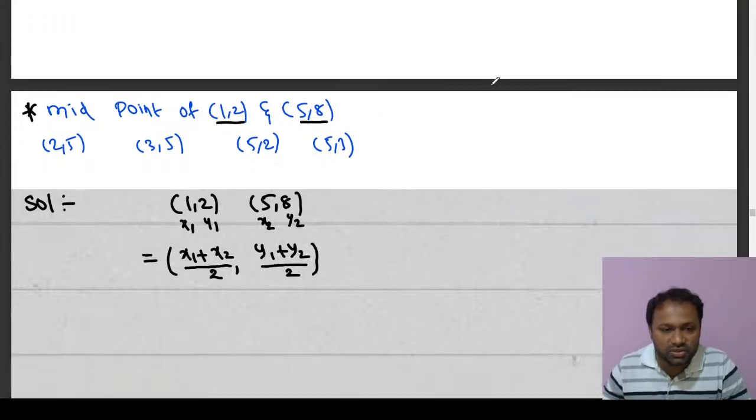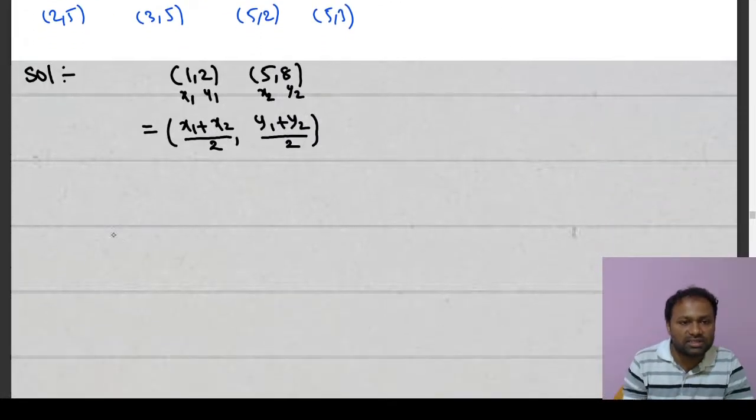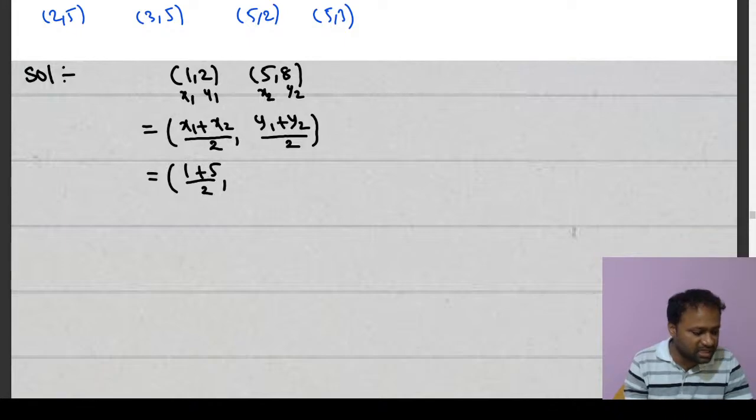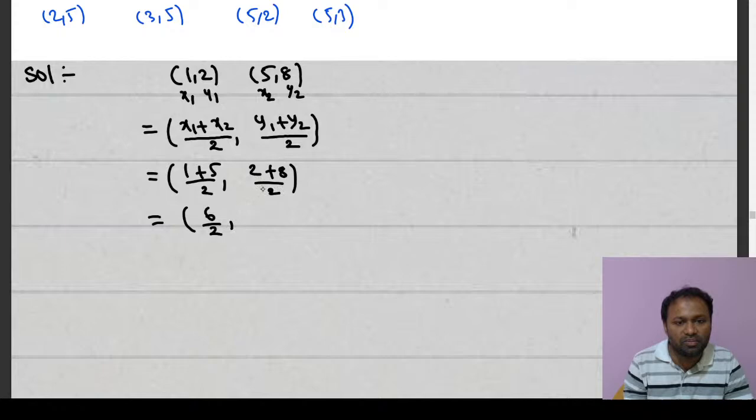Okay, so now I will substitute in the formula. What that will be: 1 plus 5 divided by 2 as well as 2 plus 8 divided by 2. That is equal to 1 plus 5, 6 by 2, 2 plus 8, 10 by 2.